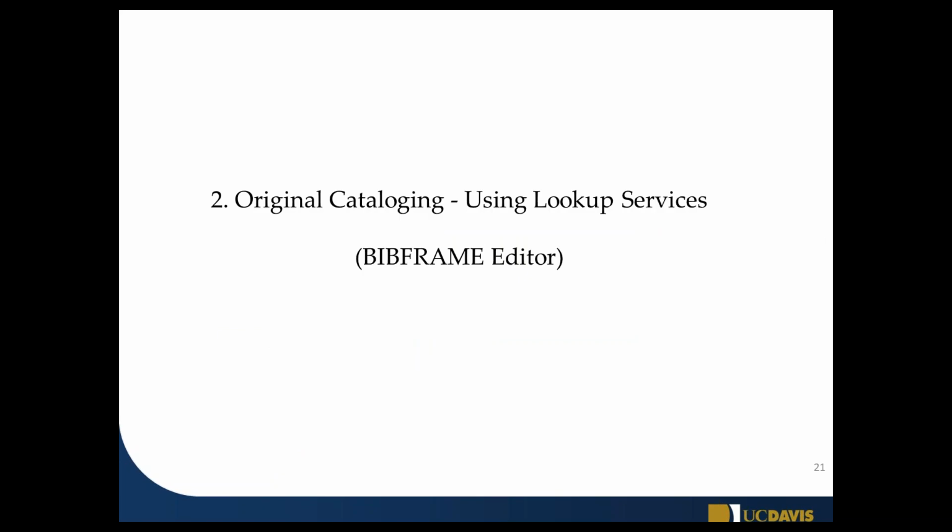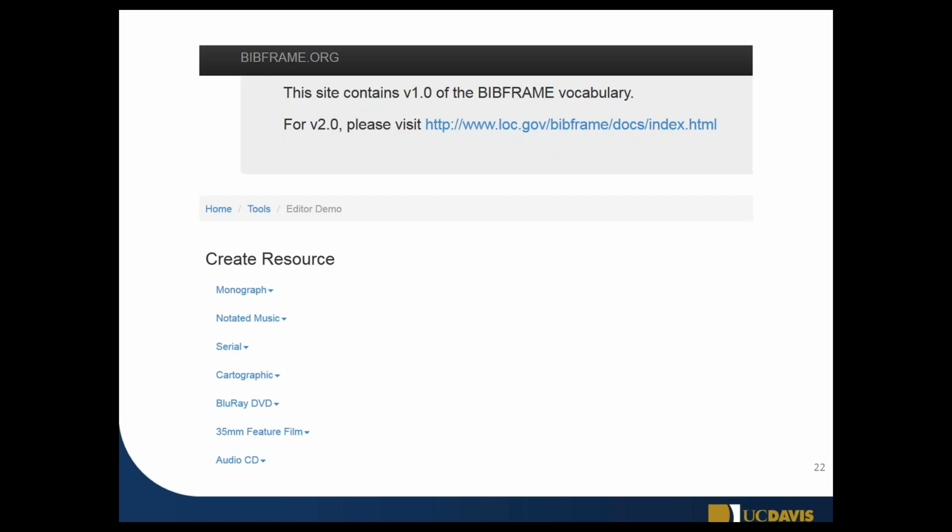So next one I'd like to show you is original cataloging, and this one I will use the BibFrame editor, using lookup services. You saw this screen before, and I want to point out that currently the BibFrame editor is still in version 1.0, even though BibFrame vocabulary 2.0 is already published.